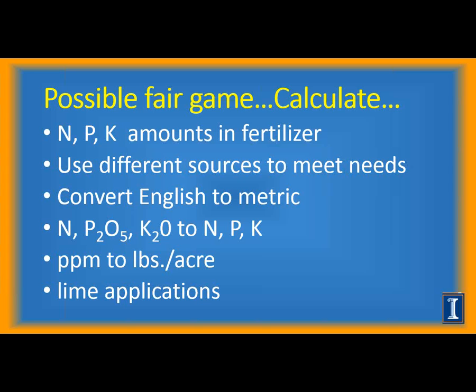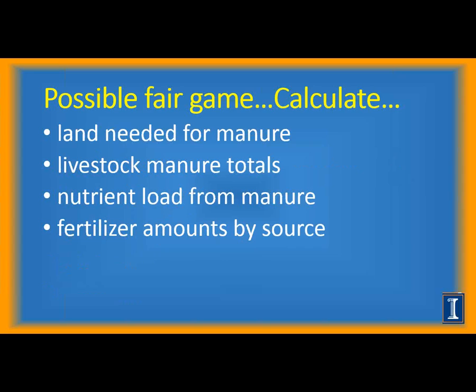And lime applications, I'm not sure if you'll see them, but that's another calculation that we're going to spend a little time with, of taking a lime requirement and looking at the type of lime source that you have and making that connection, showing how much of your lime source is needed to meet a certain need as prescribed by a soil test. Other things, land needed for manure.